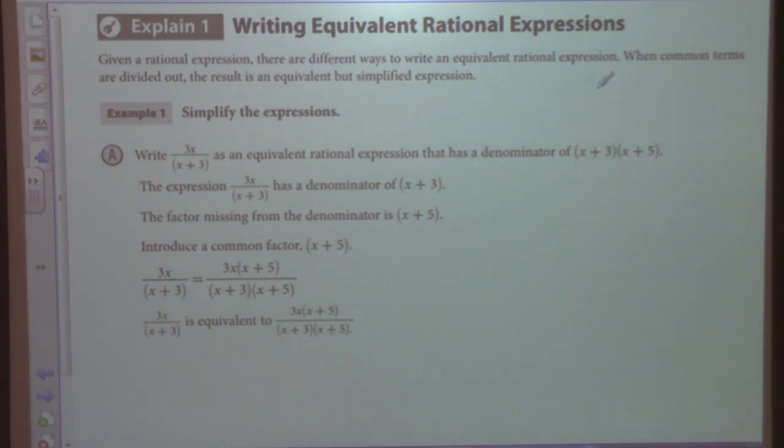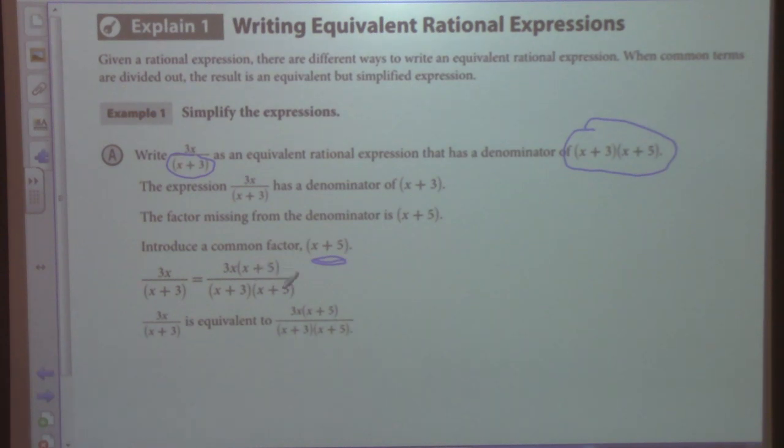Now, next, writing equivalent rational expressions. Here we have example 1. We want to write 3x over x plus 3 as an equivalent rational expression that has the denominator quantity x plus 3 times quantity x plus 5. But we only have x plus 3 here. So what do we need to do to get the same denominator? Well, we need to introduce this factor of x plus 5.